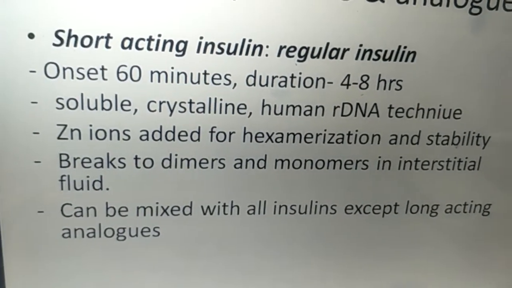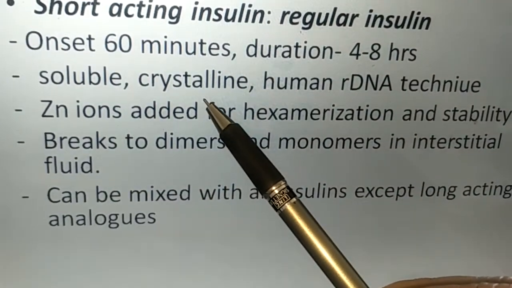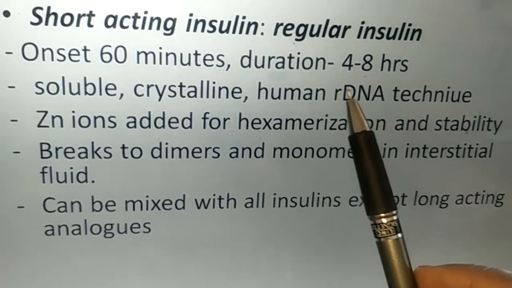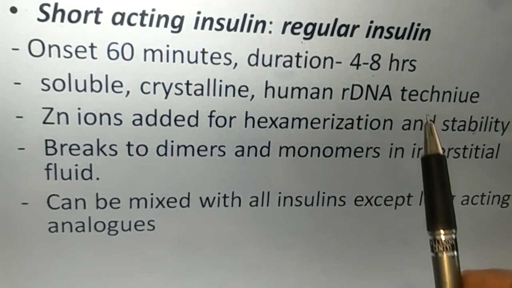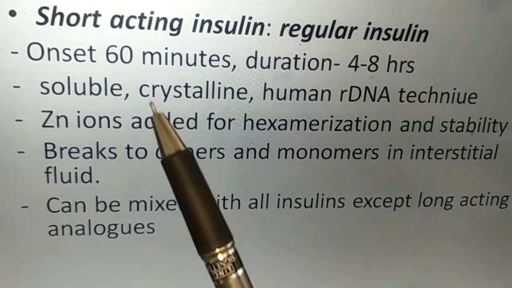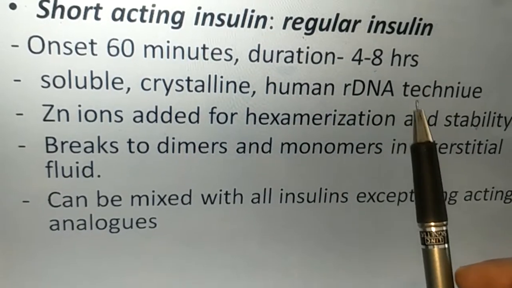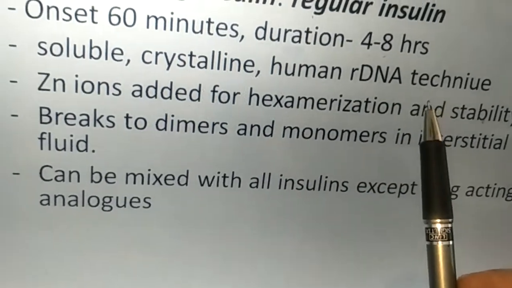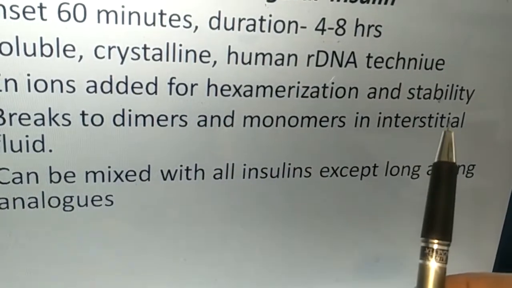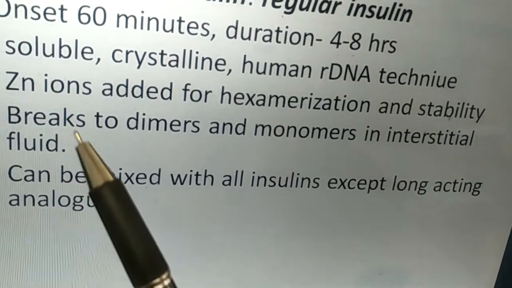Regular insulin, one of the most commonly used, is a soluble, crystalline form of human insulin, a human recombinant DNA insulin. It is human insulin, it is soluble, exists in crystalline form, and has been prepared by recombinant DNA technology. In this preparation, zinc ions are added for increasing its stability by hexamerization. There occurs hexamerization with zinc ions.